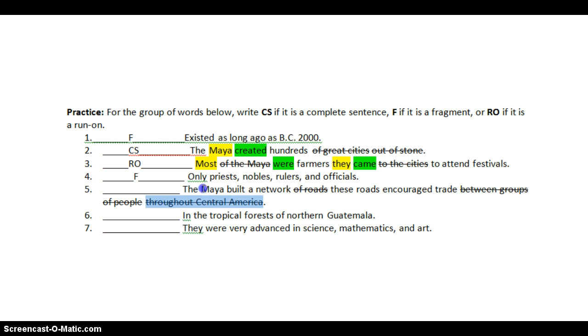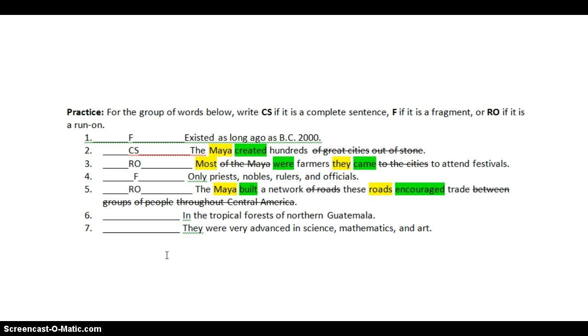So if I go back, Maya is going to be the subject. What did the Maya do? They built. And then we've got roads is the second subject. And what about the roads? Encouraged. So I'm seeing that I have 2 subjects and 2 verbs. However, they're running together because there's no punctuation right here. And so that would be a run-on sentence.